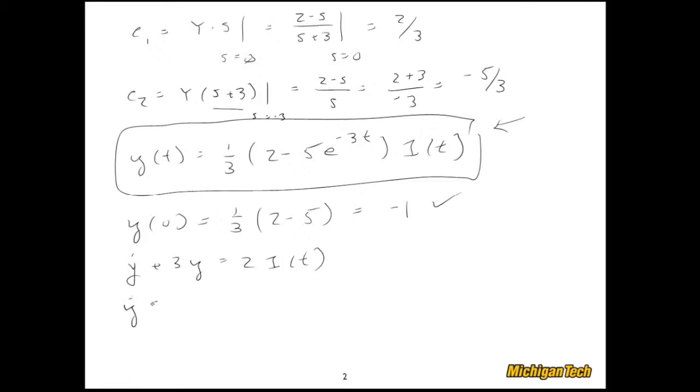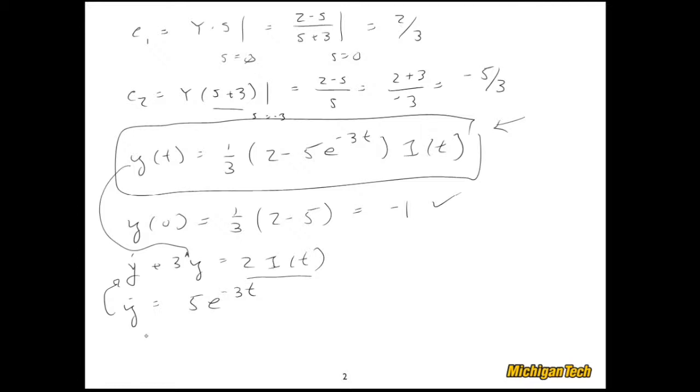So if we calculate y dot, we'll have a negative 5/3 times that, so we'll have 5 e to the negative 3t. And then if we stick our solution back into this, we should see that it comes out to just be 2.